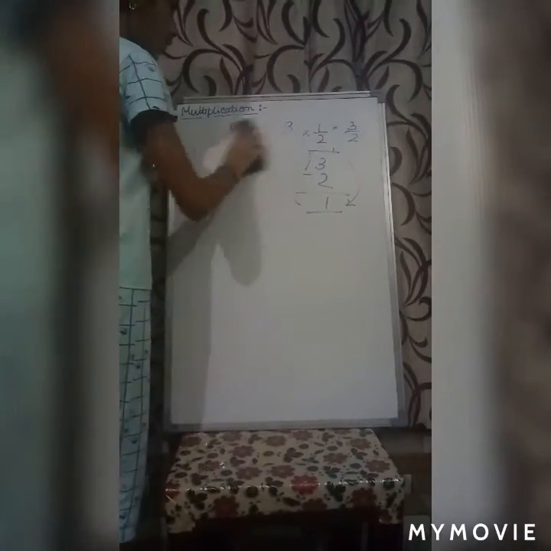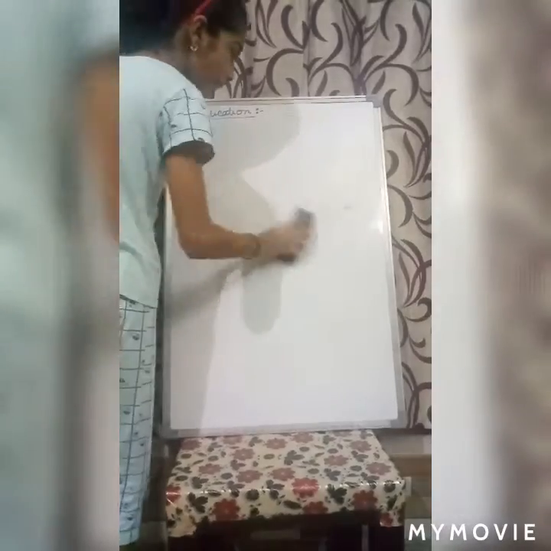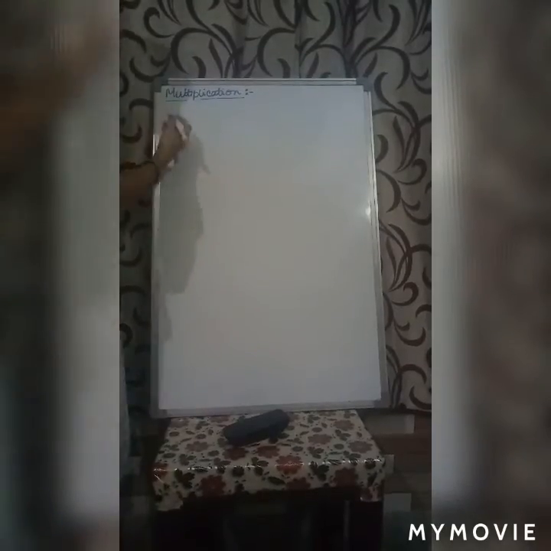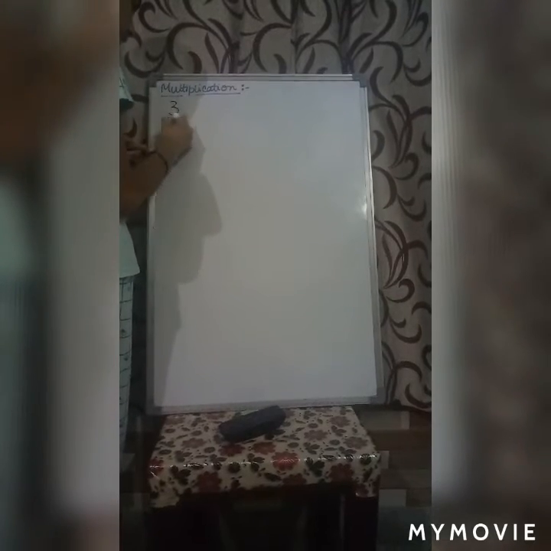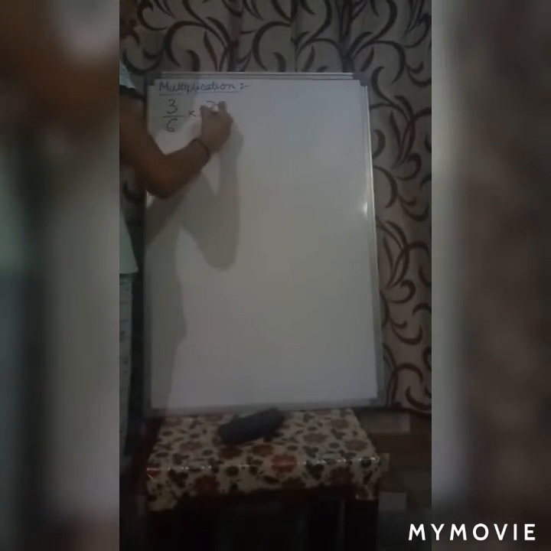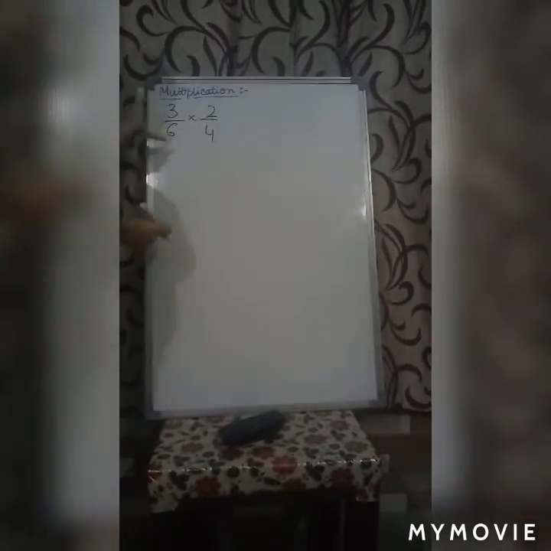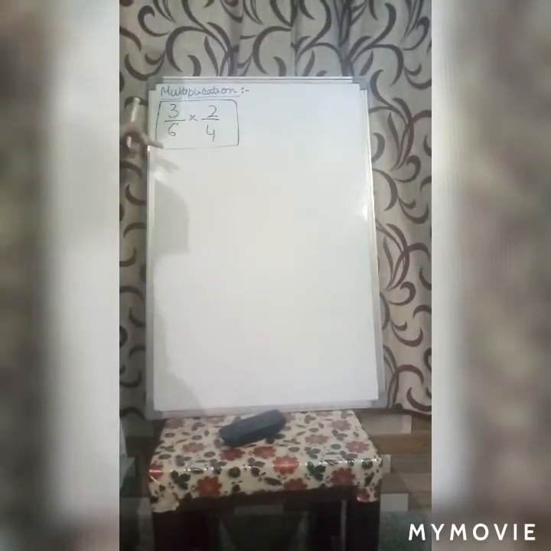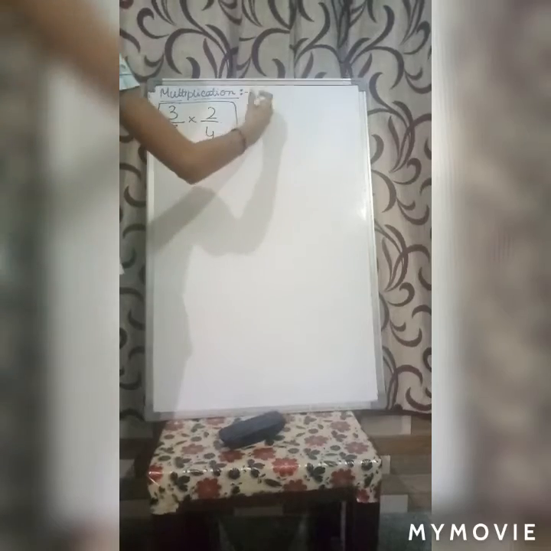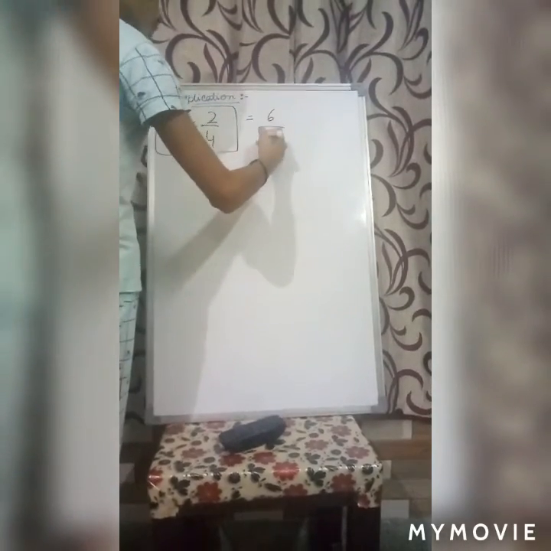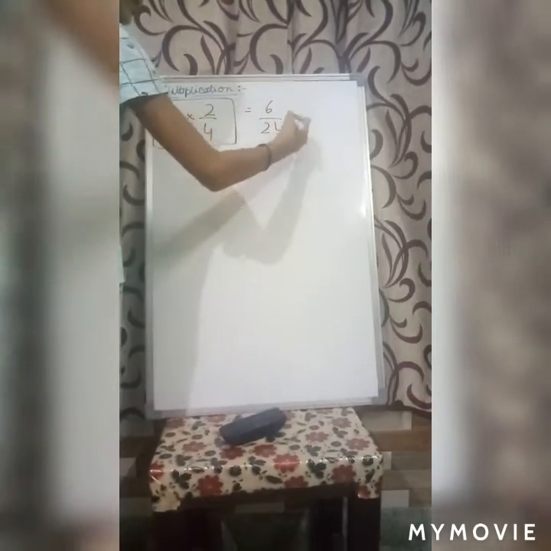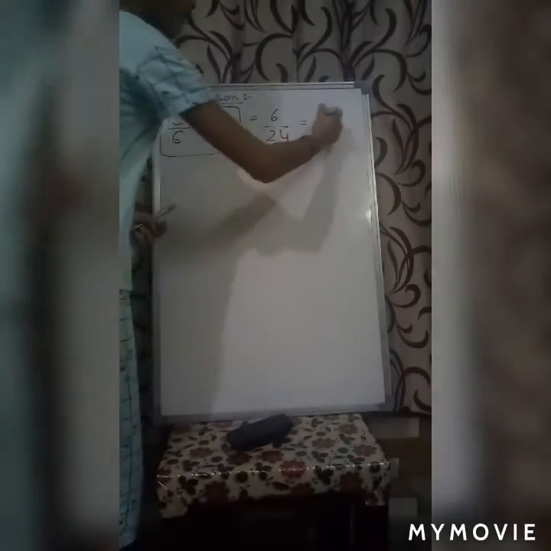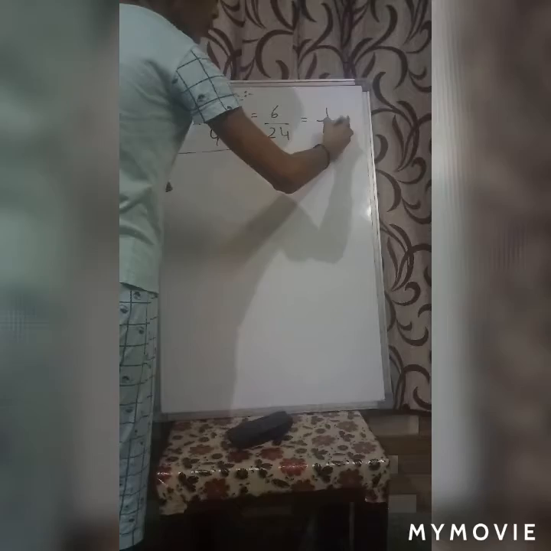Let's take one more example, which is 3 upon 6 into 2 upon 4. Now this is our question. We can just multiply it directly, 6 upon 24, and if we convert it into a simpler fraction, it would be 1 upon 4.